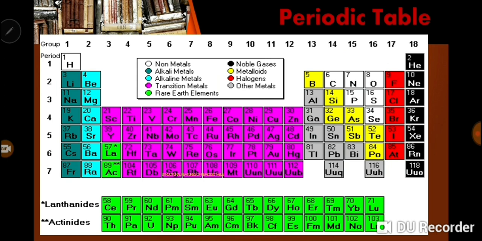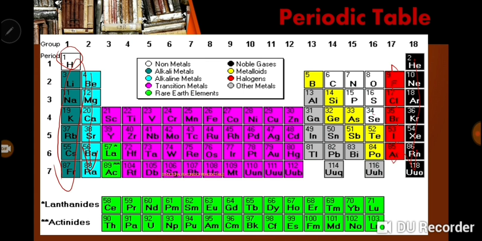Group 1 is considered the alkali metals, excluding hydrogen. Group 2 is the alkaline earth metals. Group 18 is the noble gases. Group 17 is the halogen group.